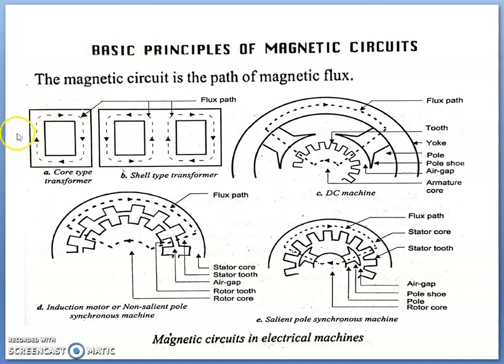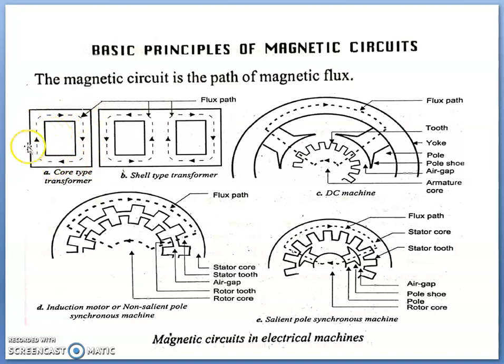Since permeability is high and reluctance is low through the iron core, all the flux established by this MMF in the coil will be confined to the core. So the magnetic flux takes a path through the core only instead of air.